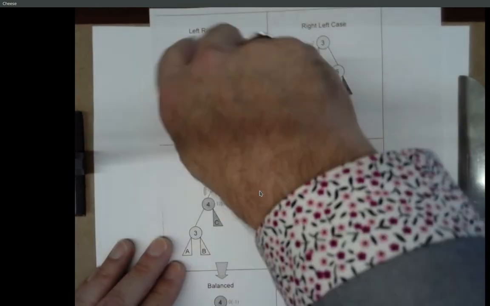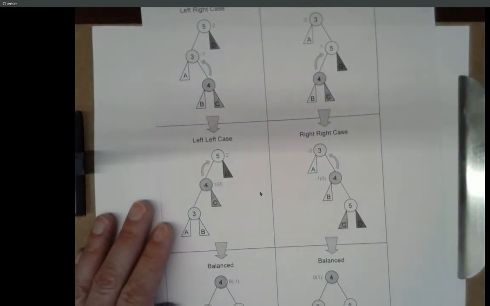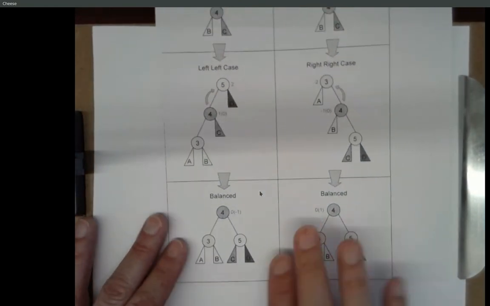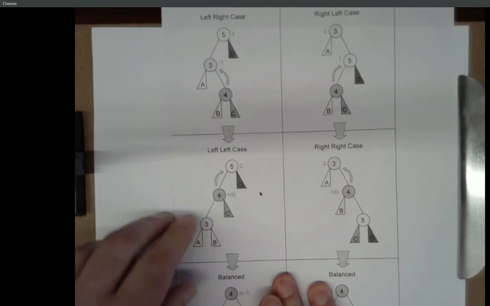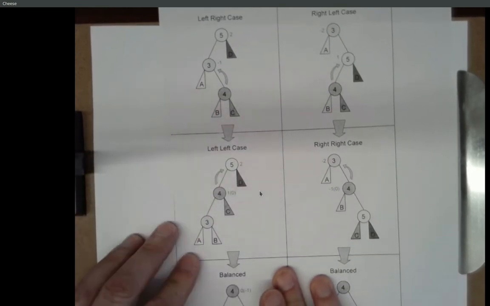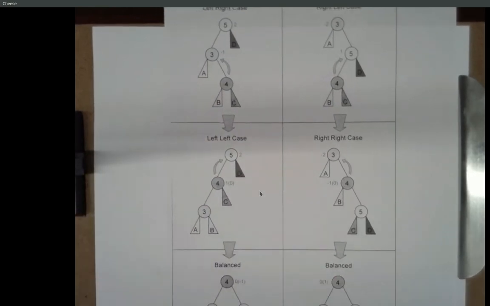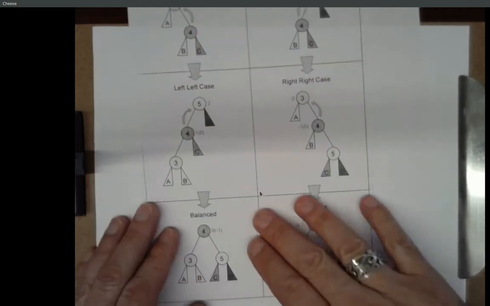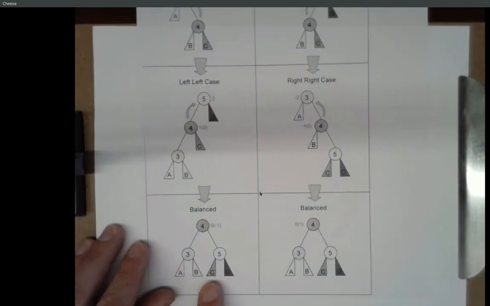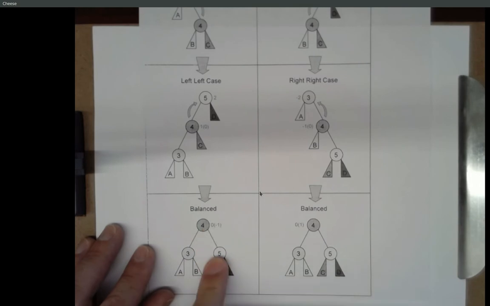And these rotations, these adjustments, preserve the search order of the tree. So for example, everything in A is smaller than 3, so A is always to the left of node 3. But when you finish coming down here to this bottom row, your balance factors are guaranteed to be 0, 1, or -1 everywhere.